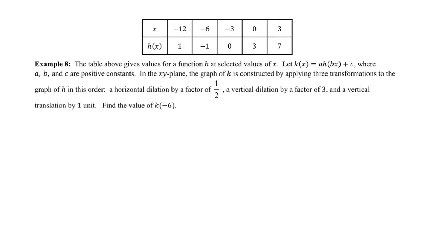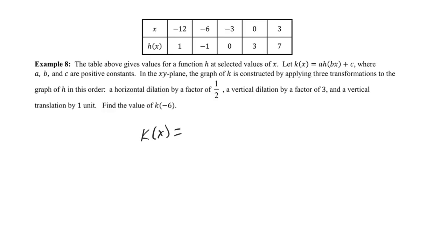All right, this one is kind of putting the last two of them together. So I'm going to build the function first. So let's go ahead and read this. The table gives us values of the function h at selected values. Let k equal this. We want to find a, b, and c. So let's write out our k function. All right, so we got k of x equals.